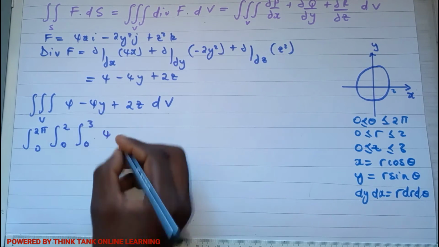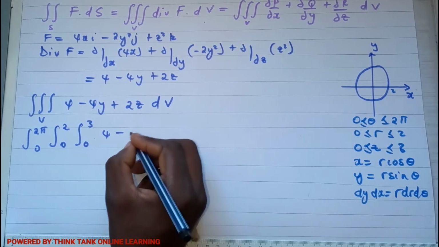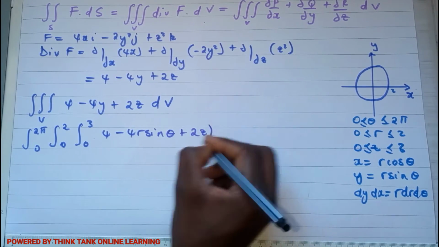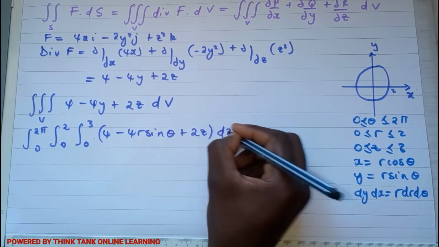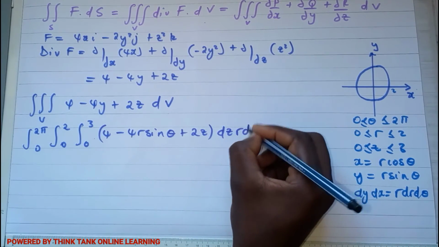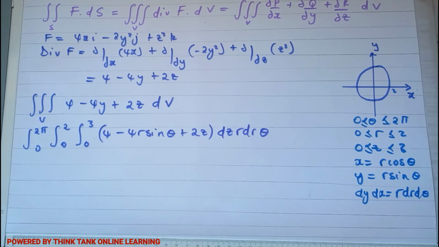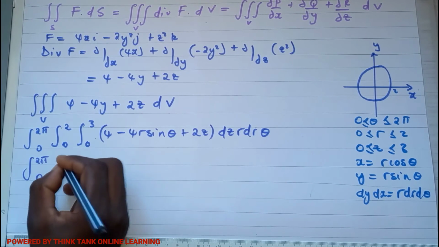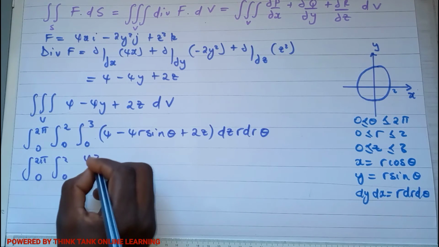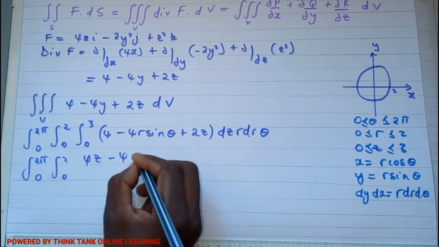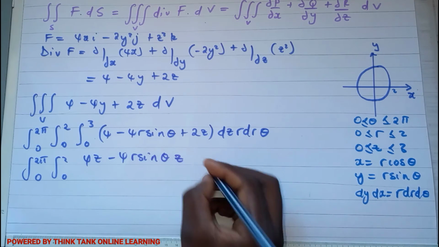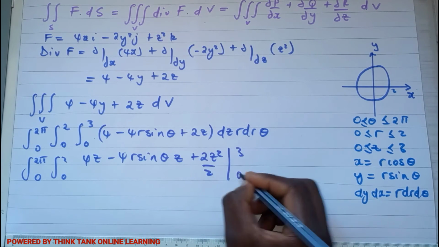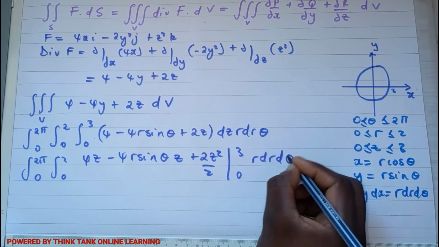The integrand is 4 − 4r sin theta + 2z, and we integrate z first, with r dr dθ. Integrating with respect to z, we treat everything else as constant, giving 4z − 4r sin theta z + 2z²/2, with limits 0 to 3.